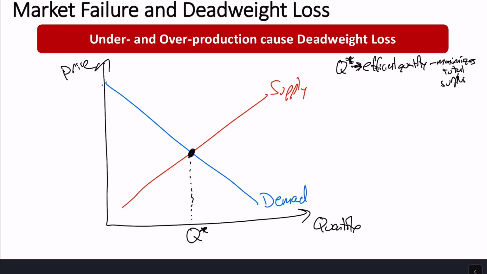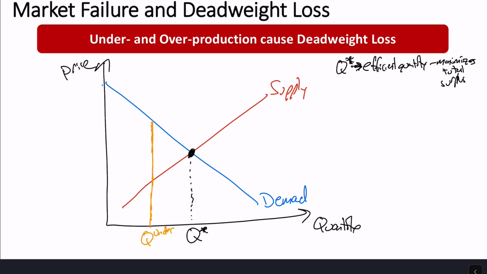So now I want to talk about what happens if something just gums up the works and it causes us to either underproduce or overproduce. That would be something like maybe there's some government regulation that's going to cause us to produce Q under. All right. We don't know. You don't need to know what's causing that underproduction yet.